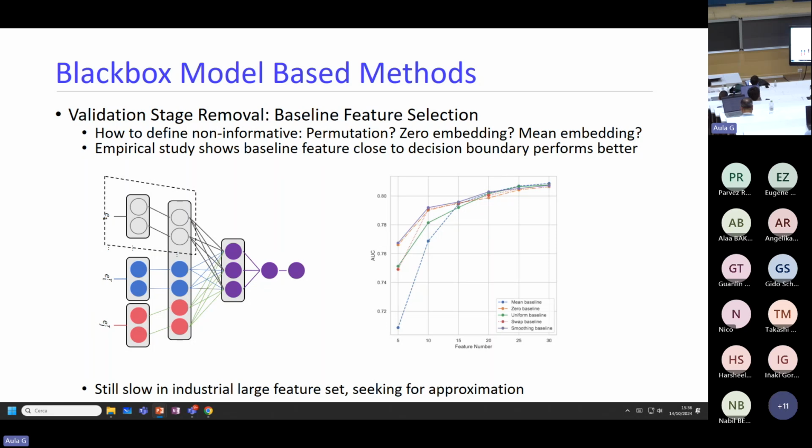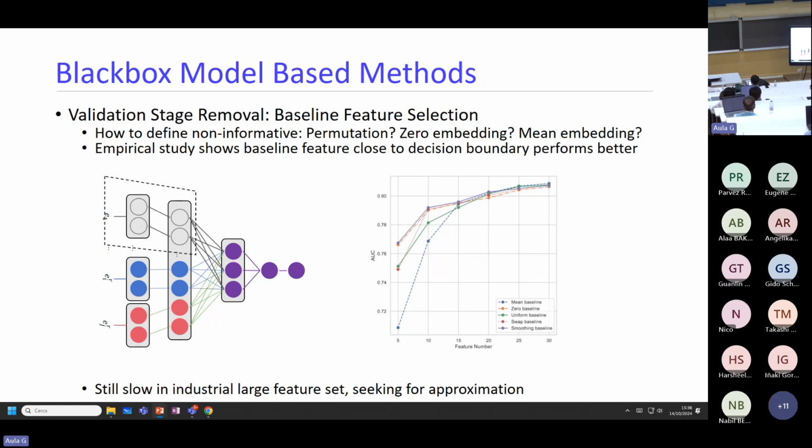So if we use the mean embedding, it always contains negative information. The zero baseline and the smoothing baseline, which uses a smoothing operator to make features lose information gradually, perform the best. But in industry, this is still slow because it takes linear validation time.